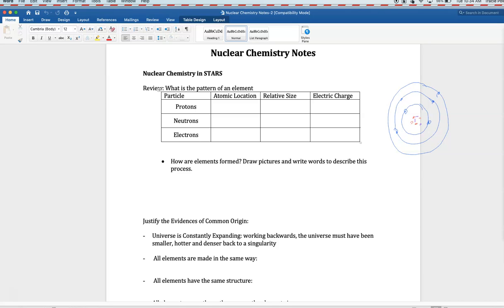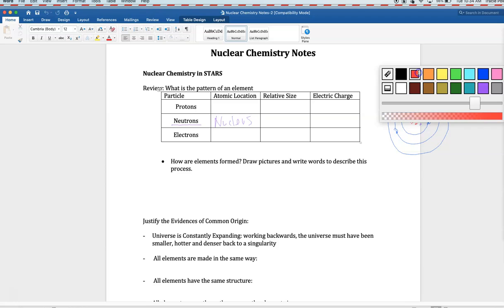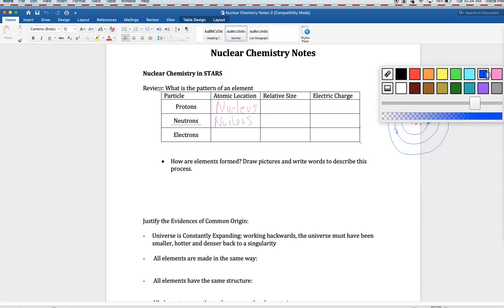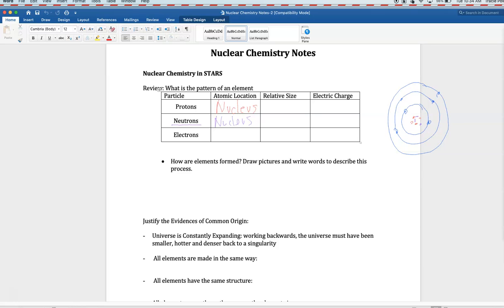Okay, so neutrons are in the nucleus, and they help to buffer the protons, which are also in the nucleus. We'll go over that a bit later. And then electrons are outside the nucleus in what we call an electron cloud.